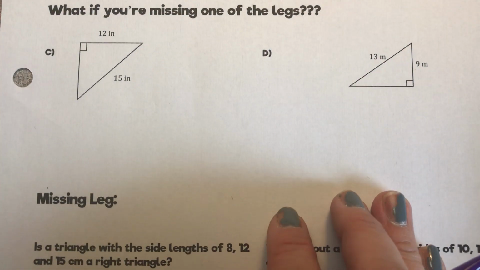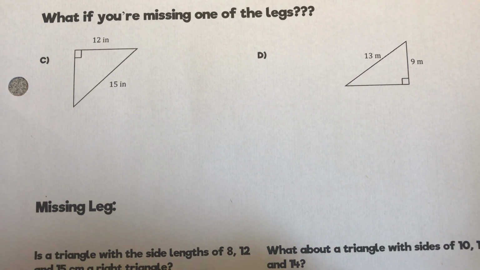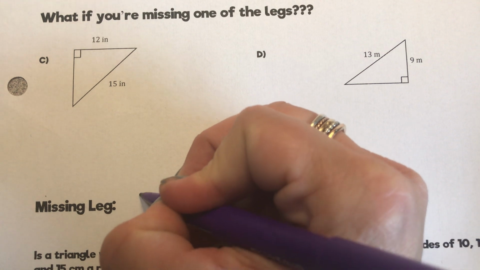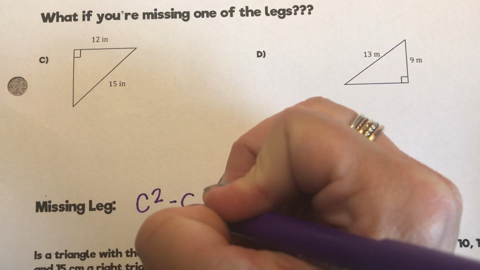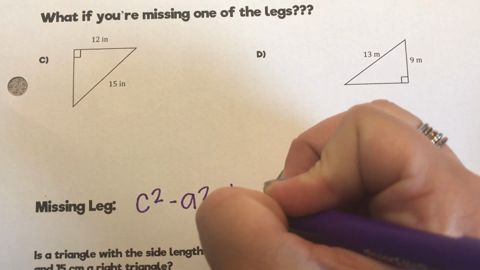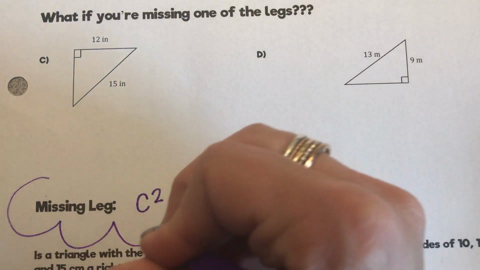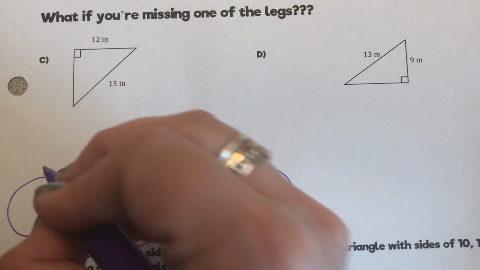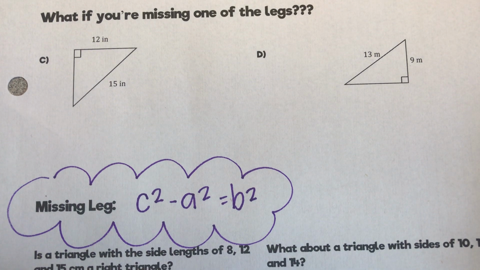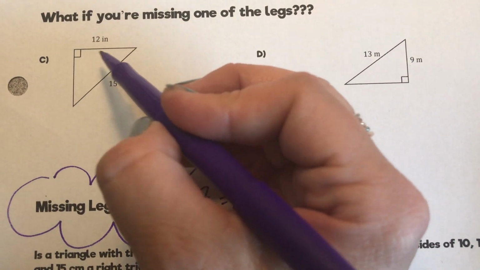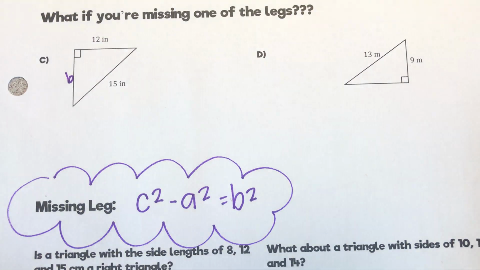So let's talk about if we're missing one of the legs. Okay, you can use the formula c squared minus a squared equals b squared to calculate the missing leg. Okay, it just kind of takes out a step and makes it an easier process. So like this one, right, I'm missing the leg.